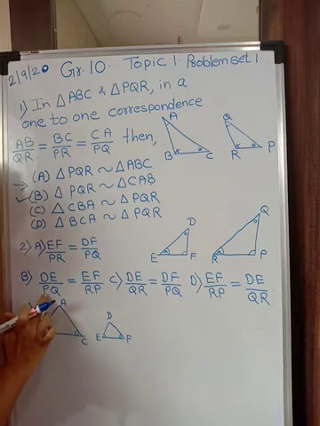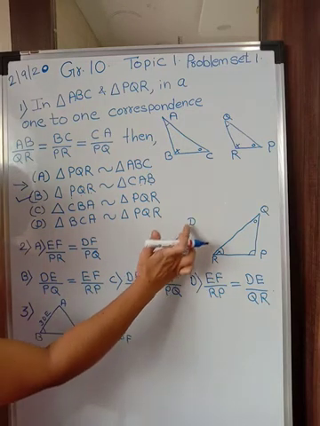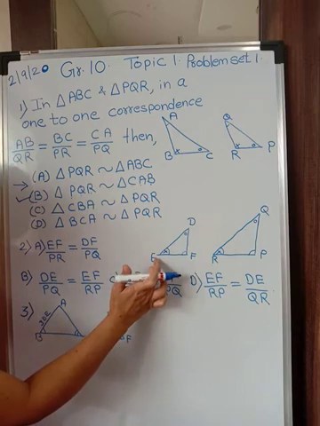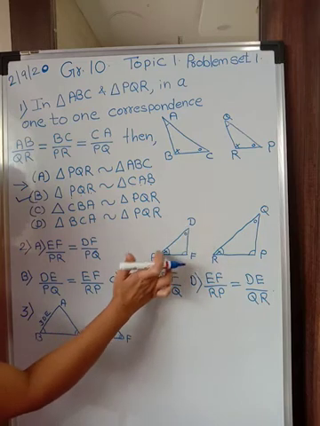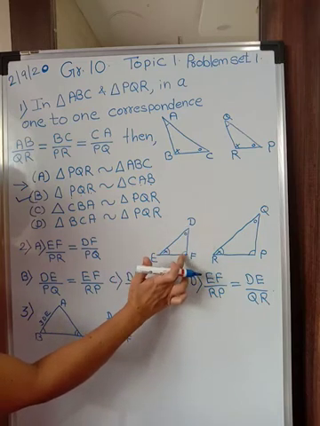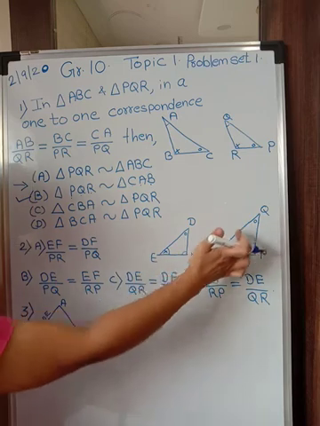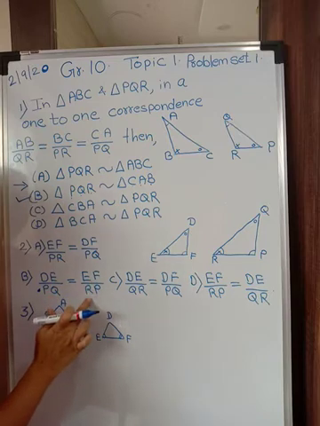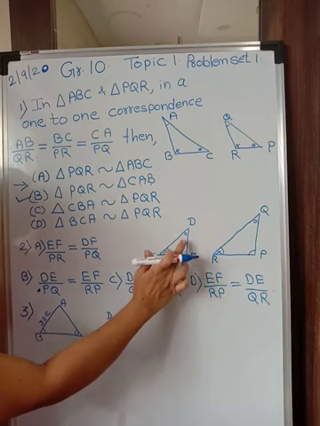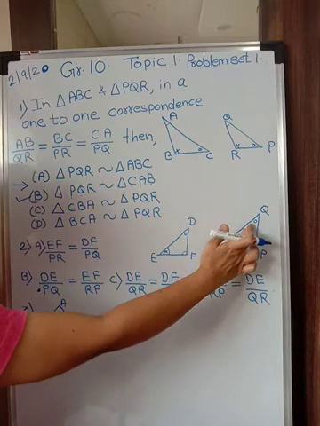DE upon PQ. Now DE, if you see, the angle opposite to side DE is F. So it should be DE upon QR. They have written P here. Is equal to EF upon RP. Where is EF? That means this angle. Opposite to this angle should be RP.